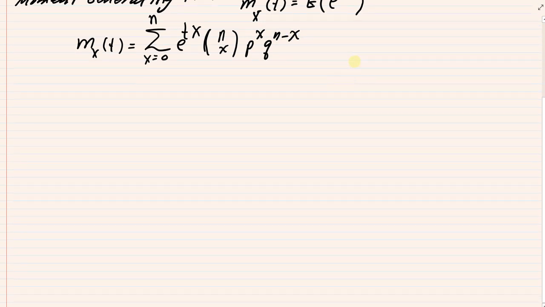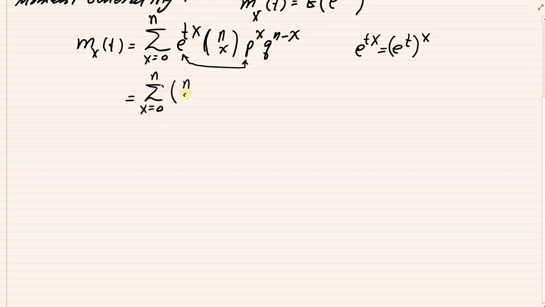Now, I'm going to combine these into one expression, because remember, e to the tx could be written as e to the t, to the x power. So we can combine what's inside of the sigma as n choose x, p e to the t, all of that to the power of x, and then q to the n minus x.